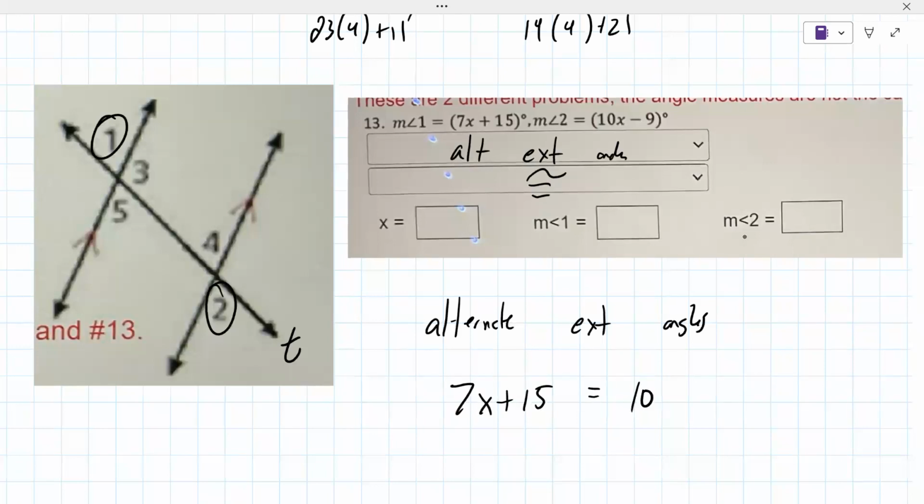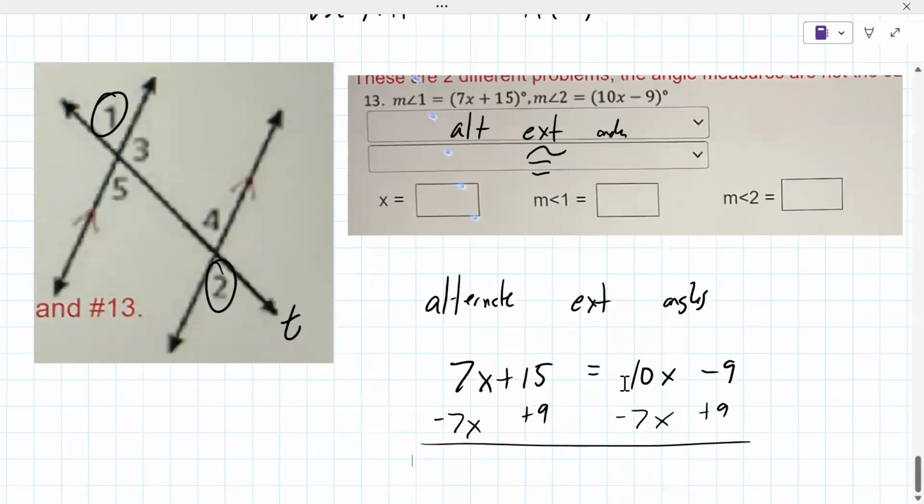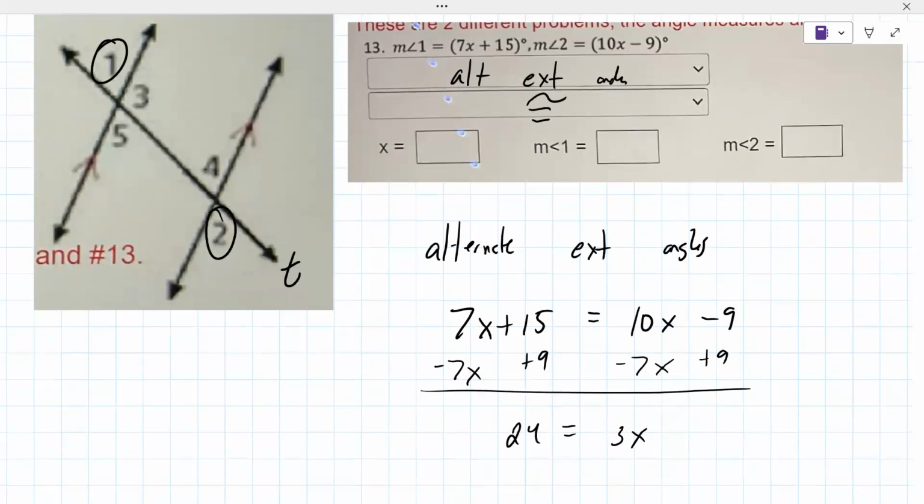This time you just set the equations equal. Right. Eight.